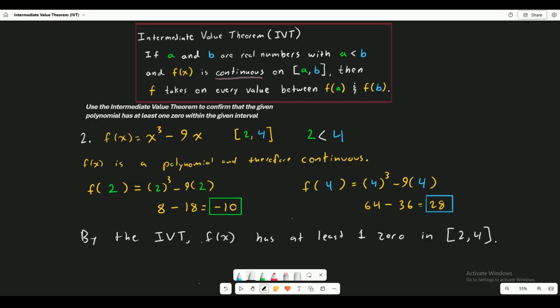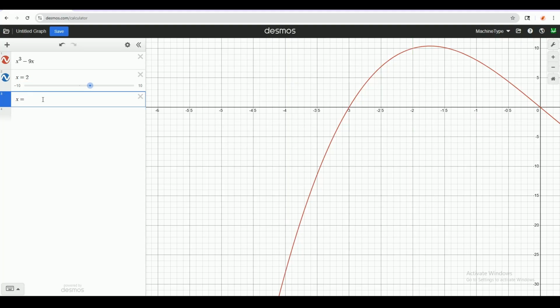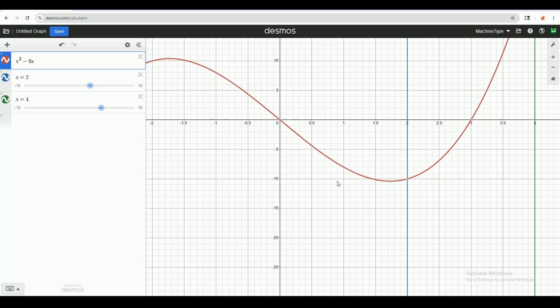And there we go. Let's go back to our graph and see, from 2 to 4 this time. So x equals 2 and x equals 4. So that's going to be over here.